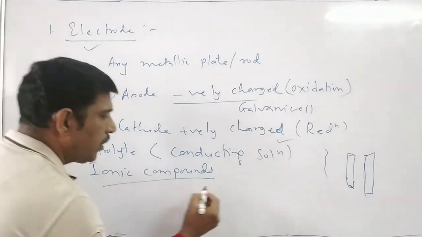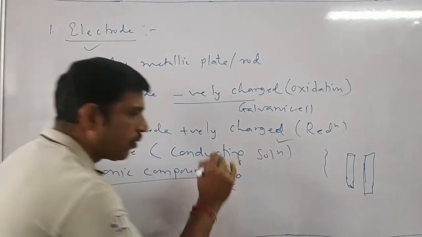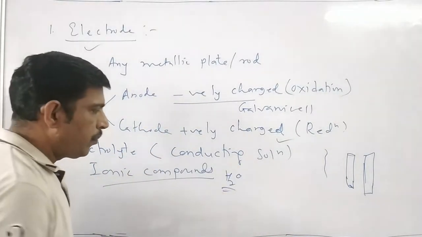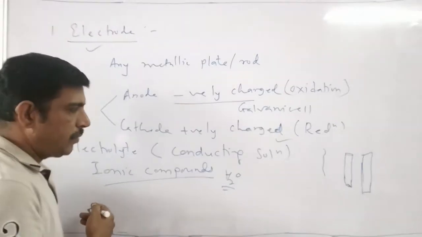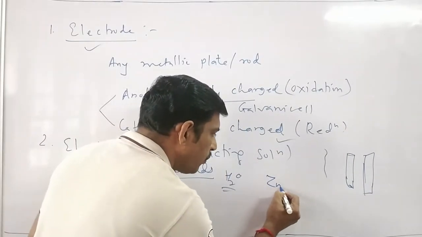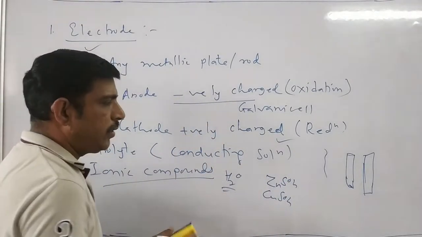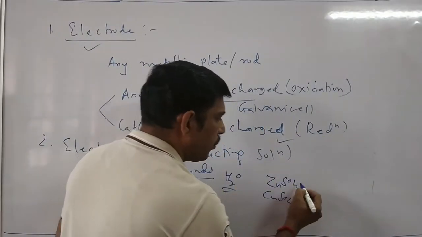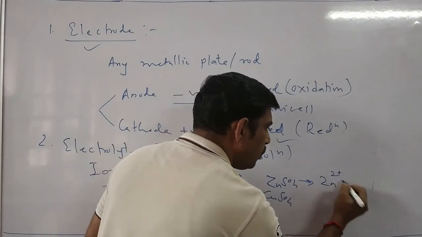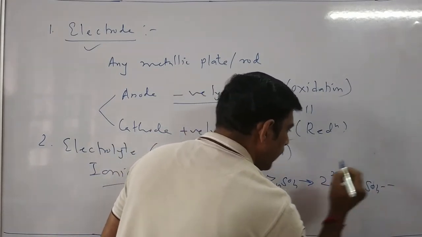For example, water is also the best example of an electrolyte, because it forms H plus and OH minus ions. Then ZnSO4 forms Zn2+ and sulfate SO4 2-.